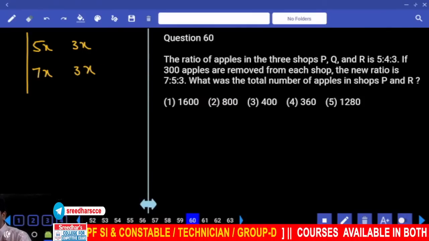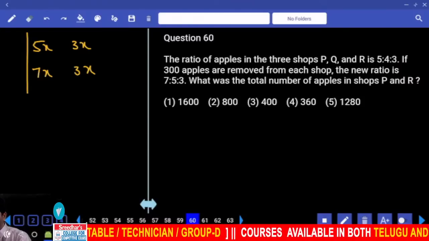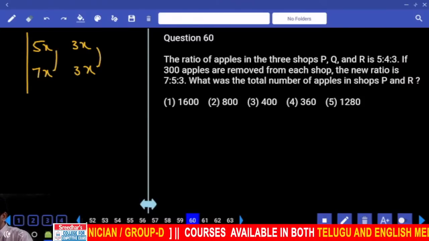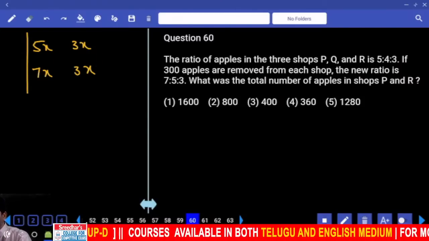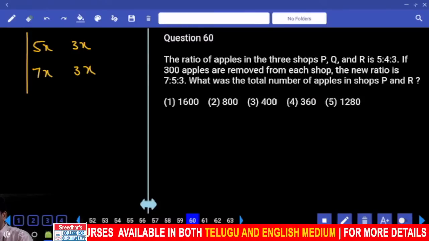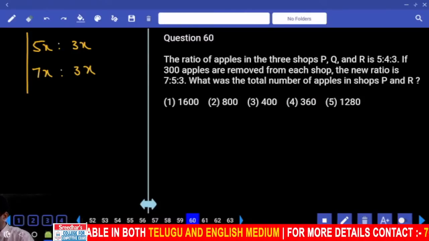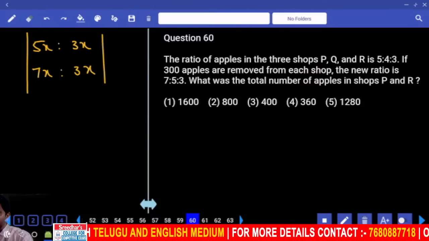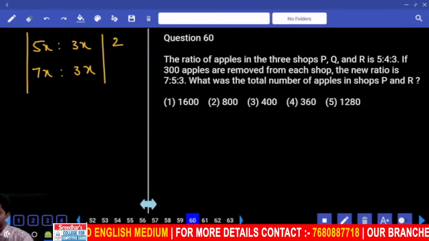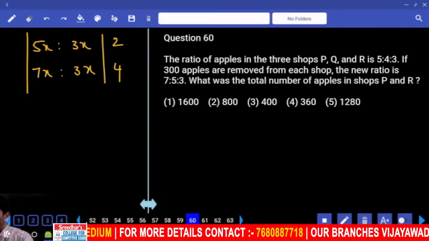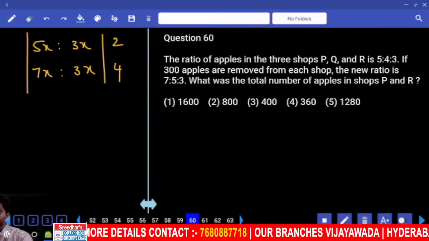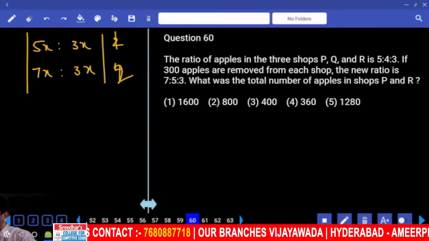But in terms of number of parts, is it the same? 2x difference, 0 difference. In order to make it equal, you know how to do it. First ratio, second ratio. Take the values' difference, 2, 4. 2 and 4, simplified form, 1 and 2 ratio.